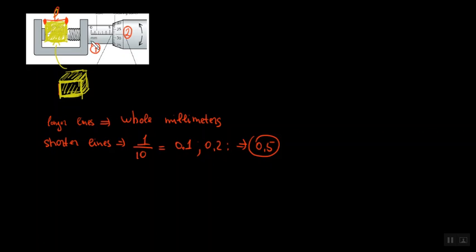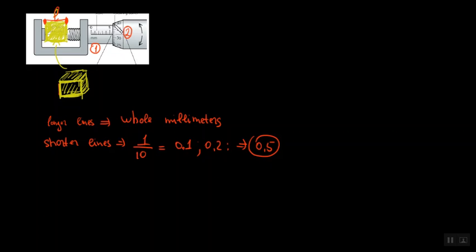So let's first calculate what our barrel scale is showing. Until where should I look? I have to look just before where the thimble is blocking out this scale.